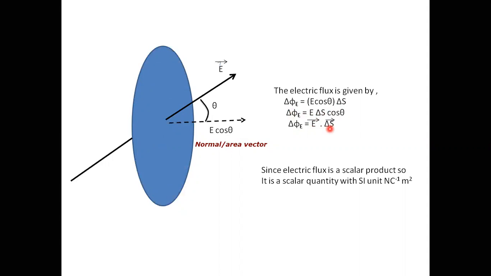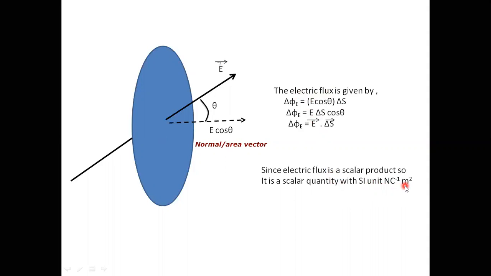Okay, now we have already studied in class 11 that when we dot product two physical quantities or two vectors, we always get a scalar quantity. So hence we can deduce that electric flux is a scalar quantity with SI unit Newton Coulomb inverse meter square.